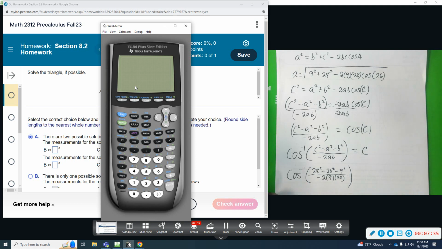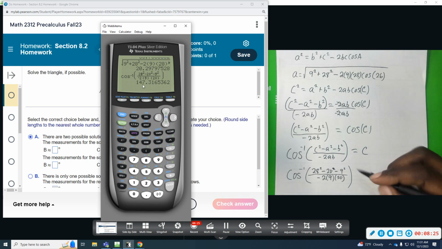And so at this point, this will give me C. So I'm going to plug this into the calculator. We're going to do second cosine to get the inverse cosine. I'm going to make a fraction bar so I can have it like that. And I'm going to do 28 squared minus 20 squared minus 9 squared. On the bottom, negative 2 times 9 times 20. This gives me C 147, rounded to the nearest whole number, still 147.